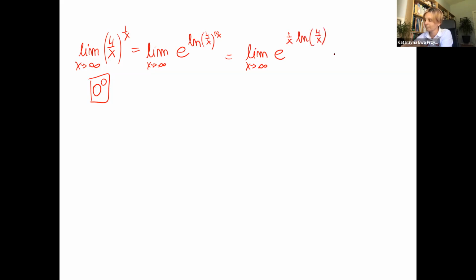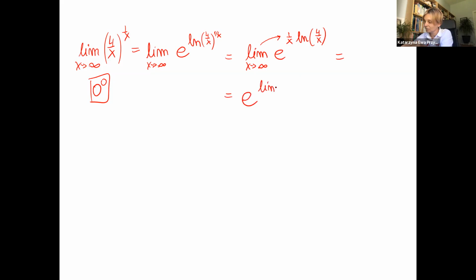Power form. We will rewrite our form as e to the power of ln of this quantity to the power of 1 over x. Can we see this? Okay, and then maybe one more time, limit and e, and that exponent 1 over x, we may place in front. Now limit we can apply to the exponent.